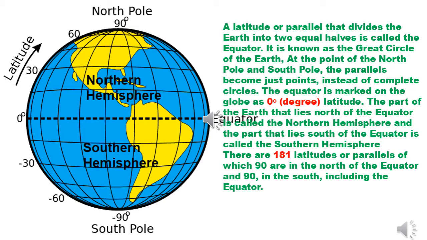Here, children, let us see 90 latitudes in the northern hemisphere numbered 1 to 90 followed by the letter N which stands for north, and 90 latitudes in the southern hemisphere followed by the letter S which stands for south. So along with the equator there are 181 latitudes on the globe.